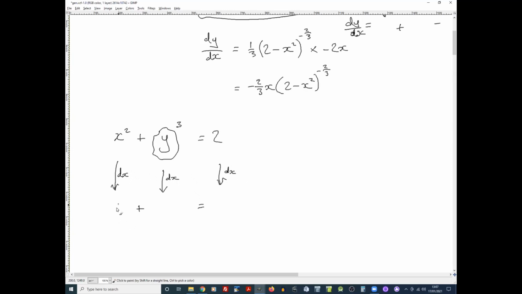Well, you'd get 2x. Good, that's that one done. Now, what's the derivative with respect to x of y cubed? Well, y is like a u in the chain rule formula, isn't it?